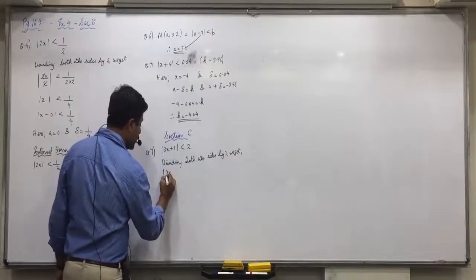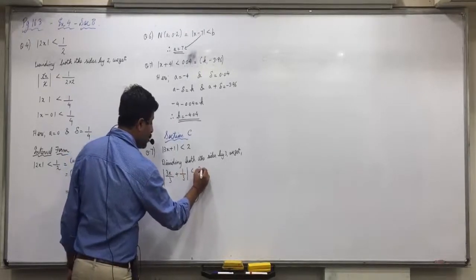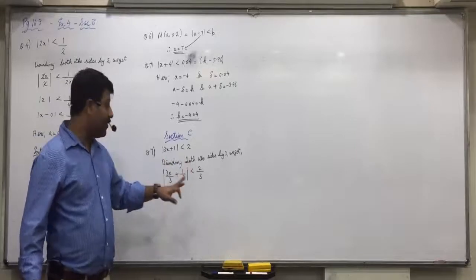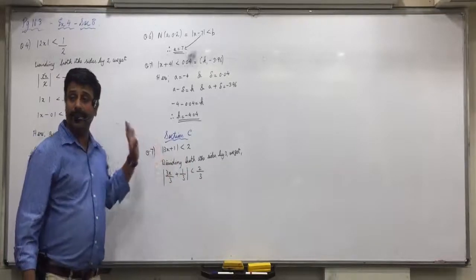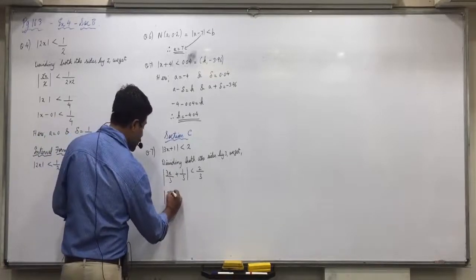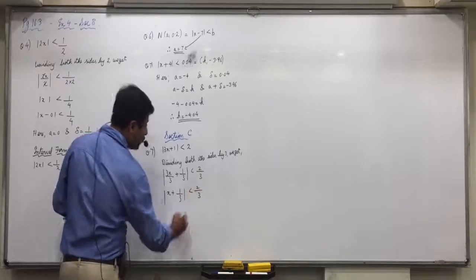We get modulus 3x by 3 plus 1 by 3 less than 2 by 3. Okay, all these three numbers will get divided by 3 to cancel 3. Understood it? So 3 gets cancelled. Now what will remain? Modulus x plus 1 by 3 less than 2 by 3.